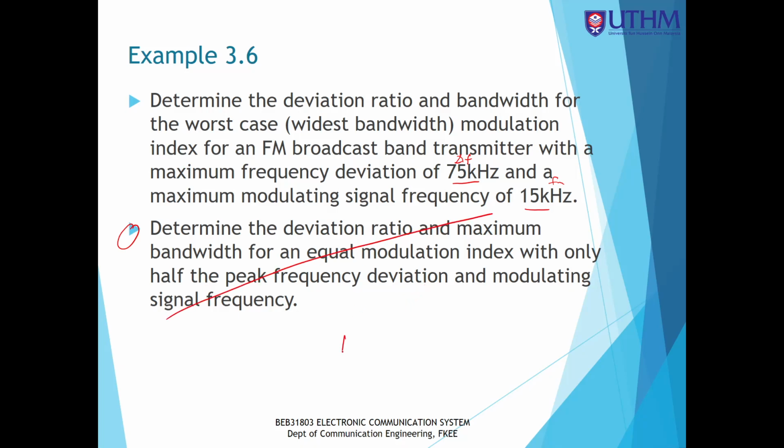When you want to find the deviation ratio, it is equal to delta F max divided by Fm max. So this is equal to 75 kilohertz divided by 15 kilohertz.